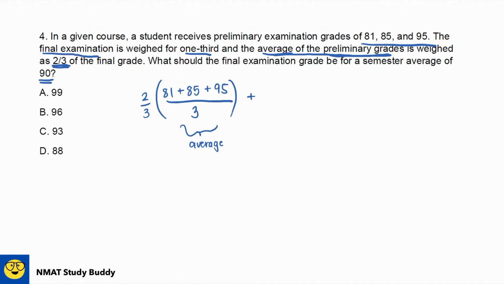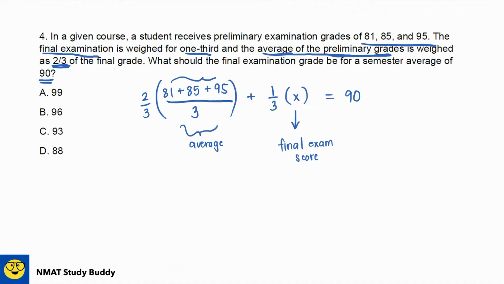The final exam grade is weighed 1/3, and that's also what we are asked to find. So, 1/3 of the final exam score, which we don't know yet. So, let x be the final exam score. And then, it is equal to the semester average of 90. So, that is how the equation looks.